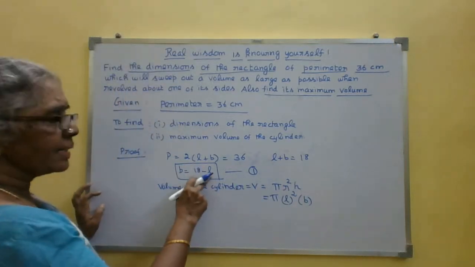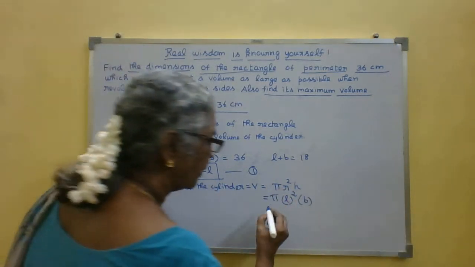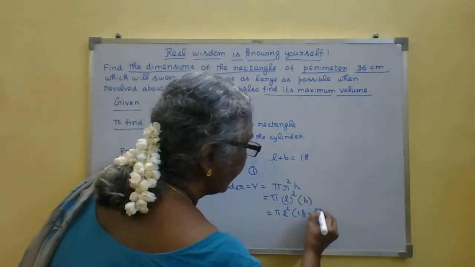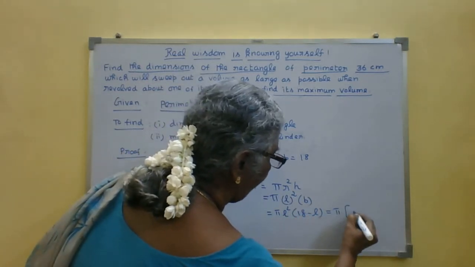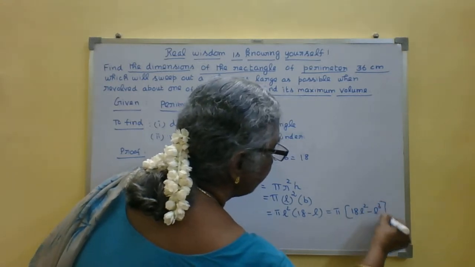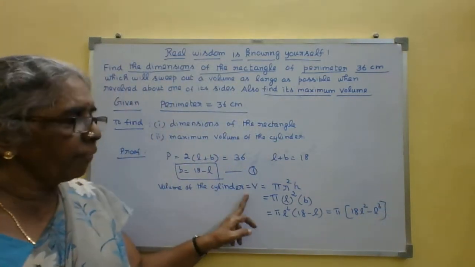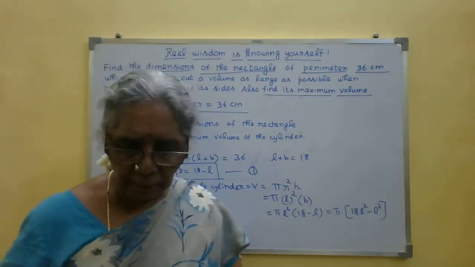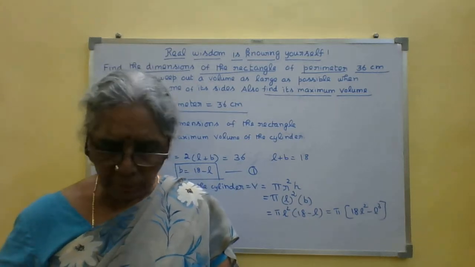Now you know B is equal to 18 minus L. So you write pi L squared into (18 minus L), which will give you pi into (18 L squared minus L cube). So now the V you are expressing in terms of only one variable L. That is the purpose.